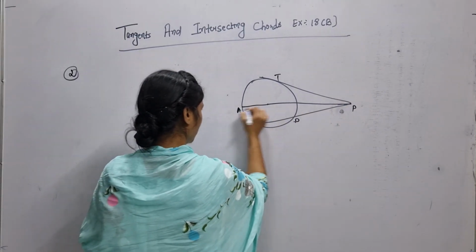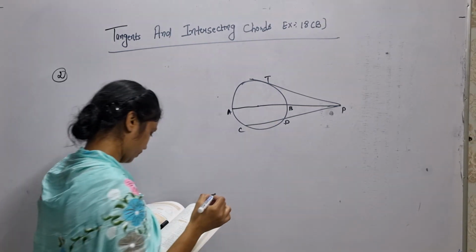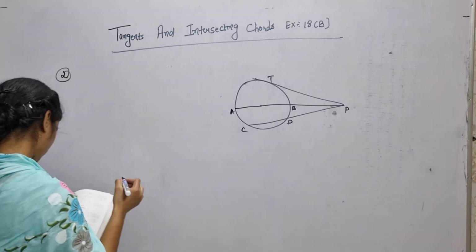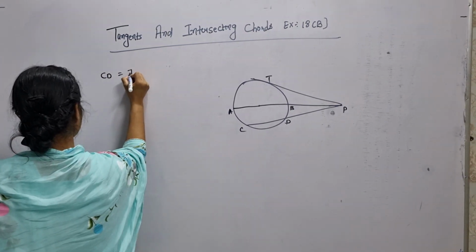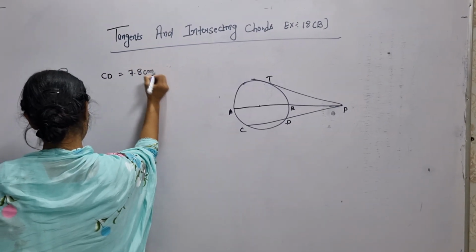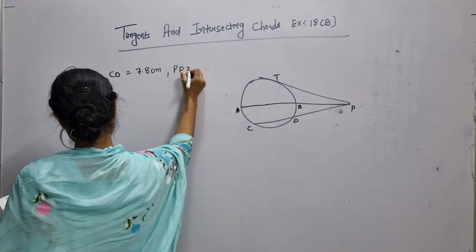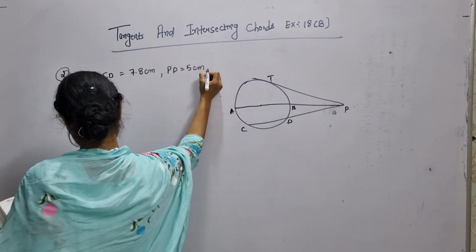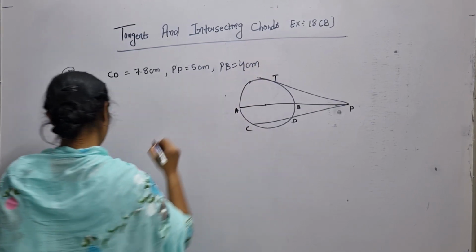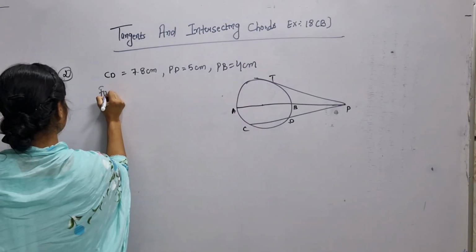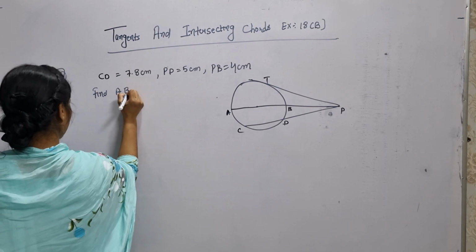Okay, AB, it's a diameter. So what else is given there? They have given CD is equal to 7.8 centimeter, PD is equal to 5 centimeter, PB is equal to 4 centimeter.